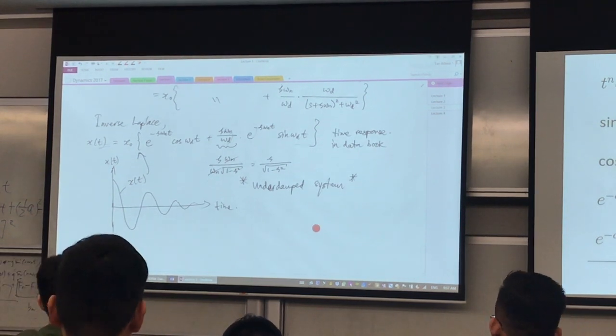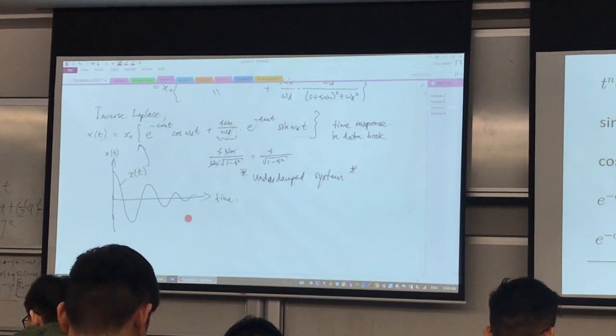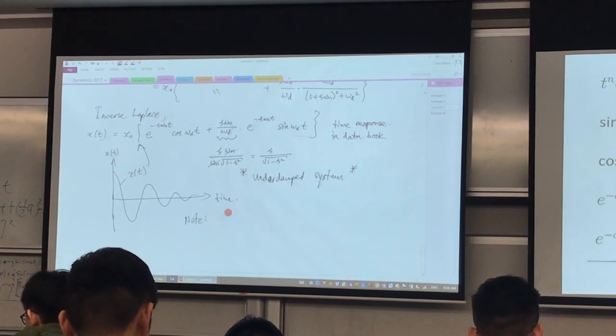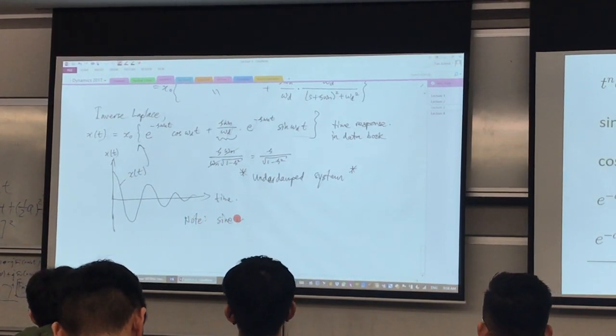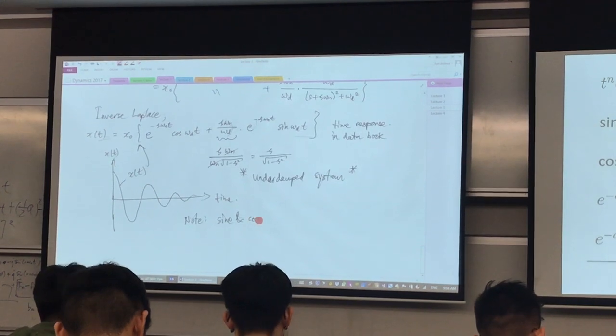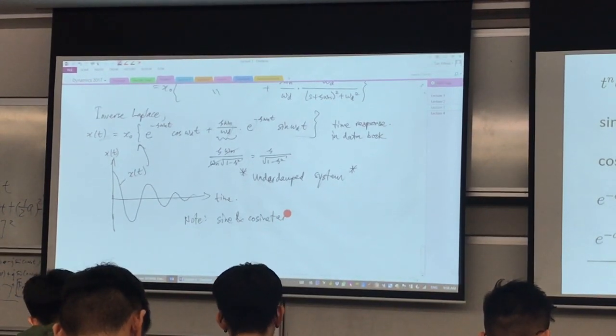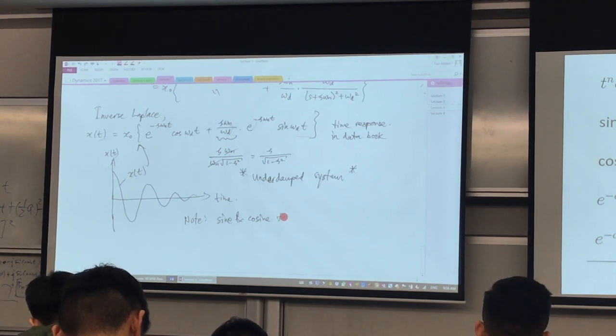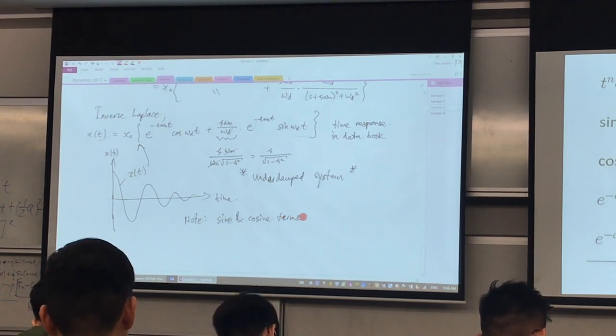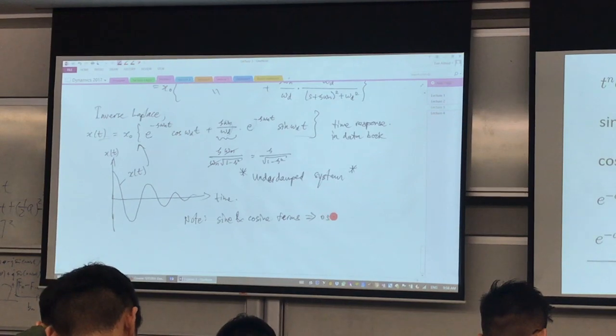So there are a few insights. Note the sine and cosine terms. They are oscillatory.